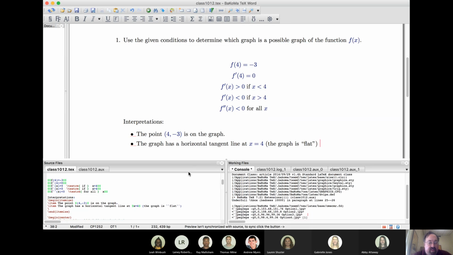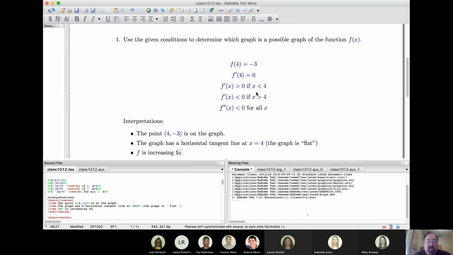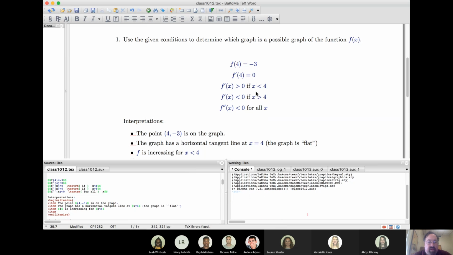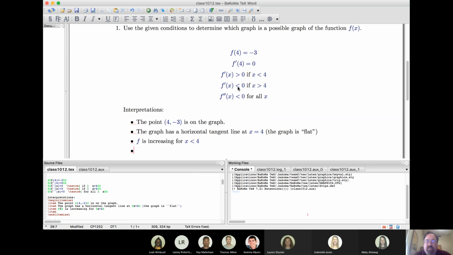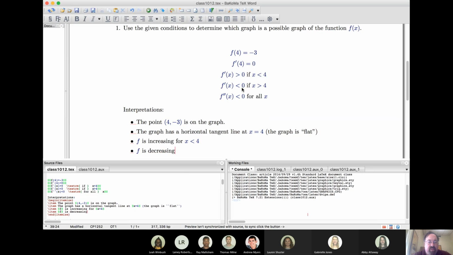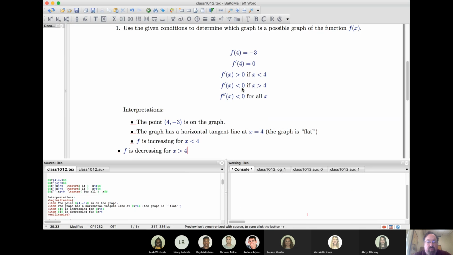Okay. The third condition tells us that f is increasing for x less than 4, because its derivative is positive there. Similarly, the fourth condition tells us that f is decreasing for x greater than 4.